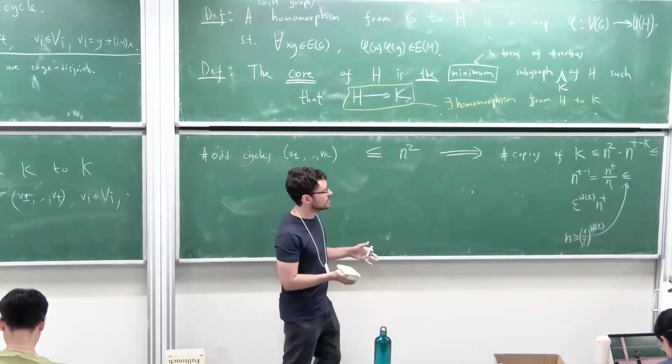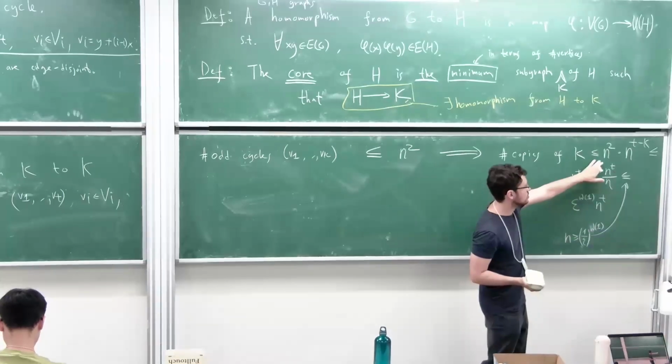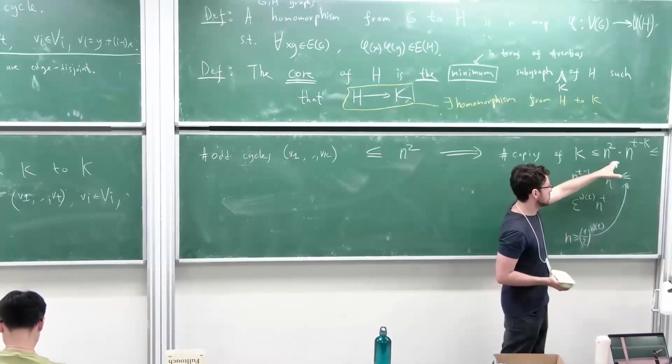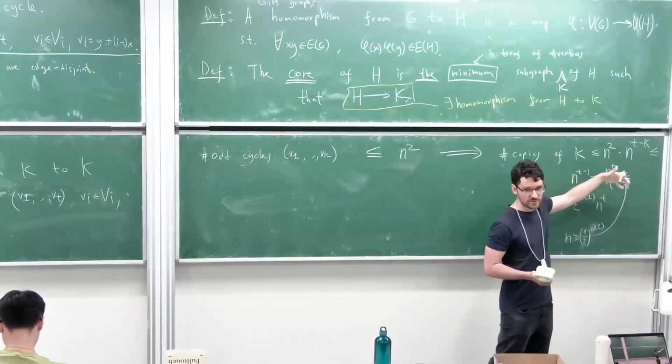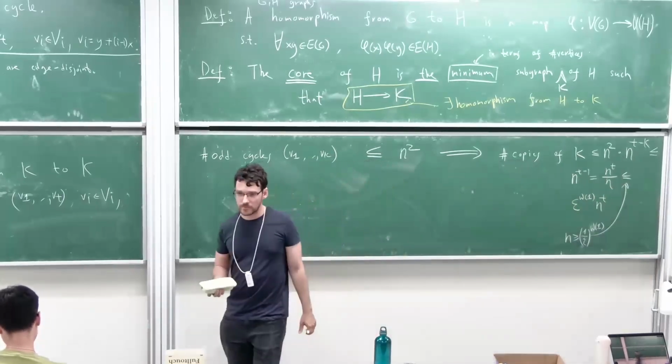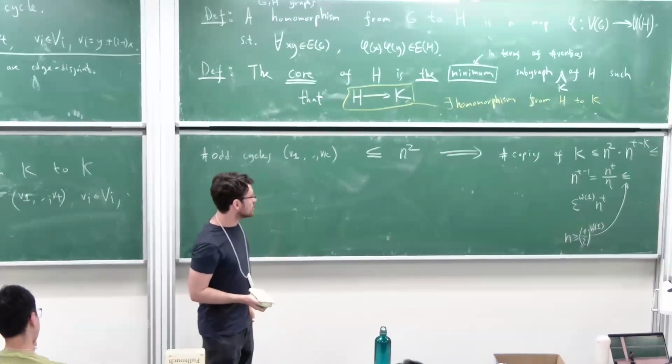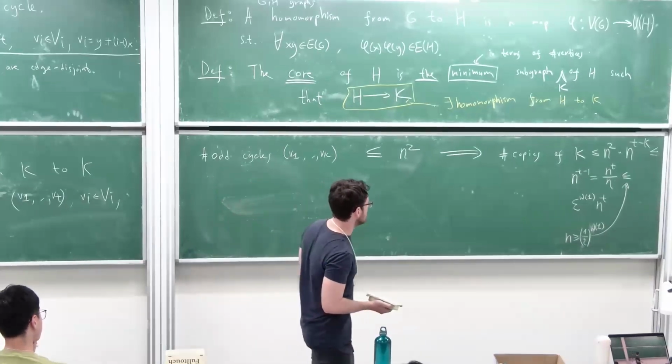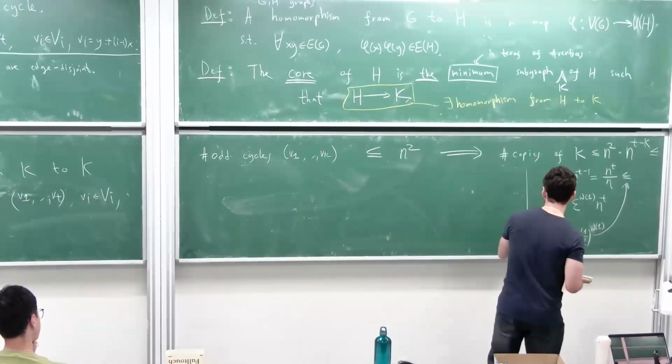What we're saying is that because we have few options for the odd cycle, then we can just use the trivial bound for the rest of the vertices. Okay, so this proves the theorem for the core.